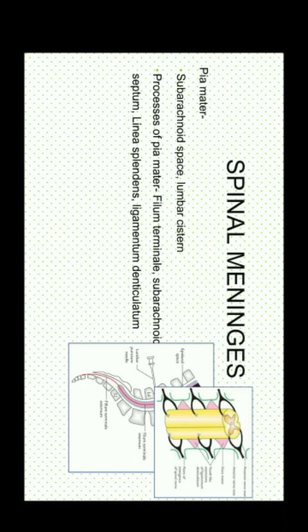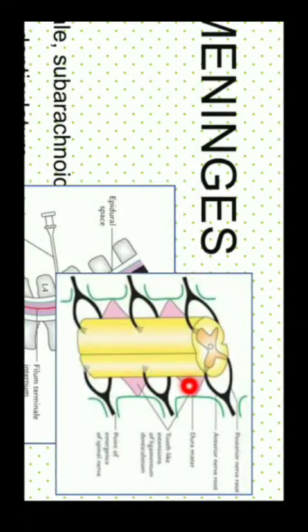Here you can see this pair of pink structures. These are the ligamentum denticulatum. They support the spinal cord from the lateral side. They are named denticulatum because they are tooth-like projections present on the sides.